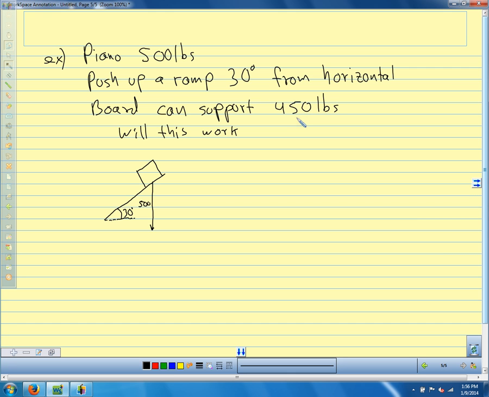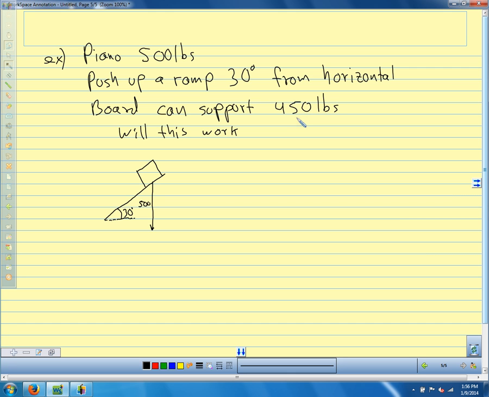If I said the top of this table could support 450 pounds, am I saying it can support it sideways? No. Straight into the table, right? If we apply 450 pounds of force perpendicular to the table, that's what it can support.